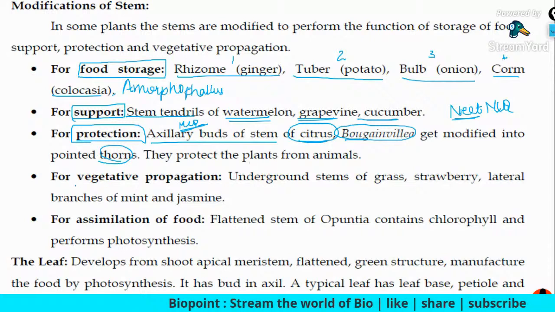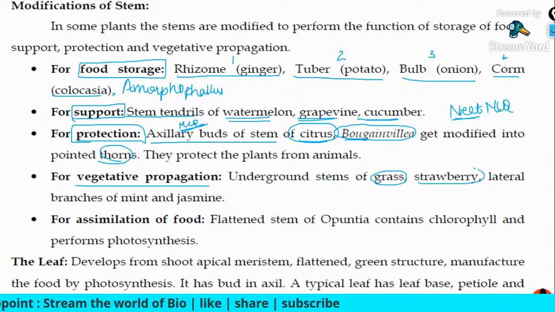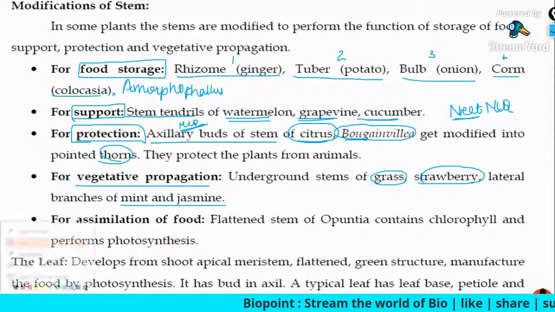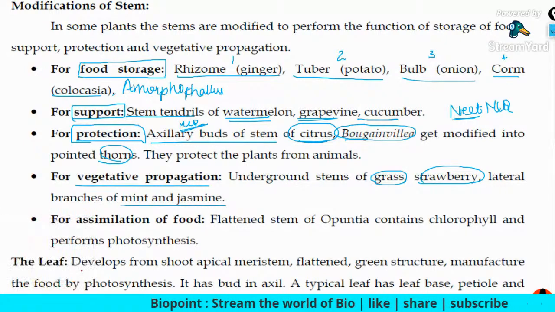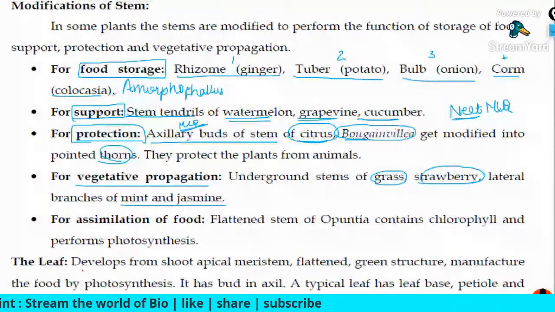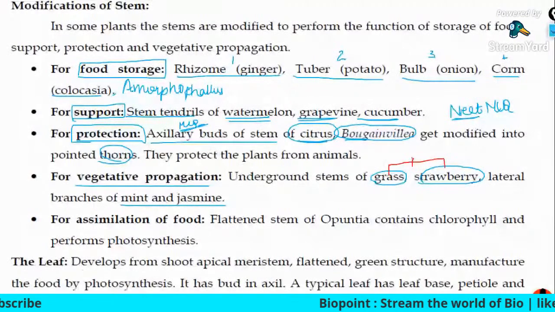For vegetative propagation, underground stems such as grass, strawberry, lateral branches of mint and jasmine, all these are examples of vegetative propagation. You have to study this particular point specifically, that is underground stems of some plants such as grass and strawberry. If you were taught chapter number 1 by a good teacher, they might have told you about the same.